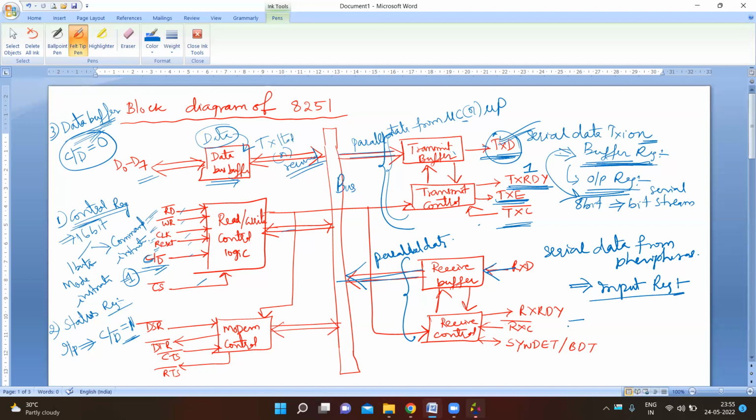And the second register is the buffer register. The function of the receiver section buffer register is that it holds the previously converted data.